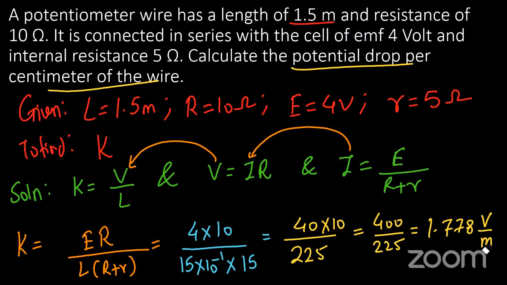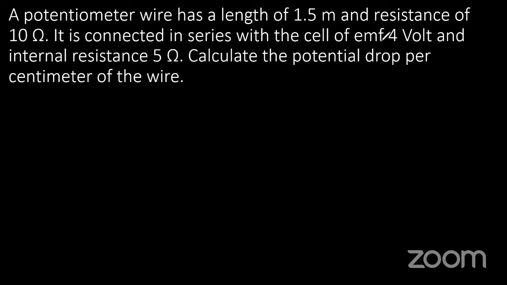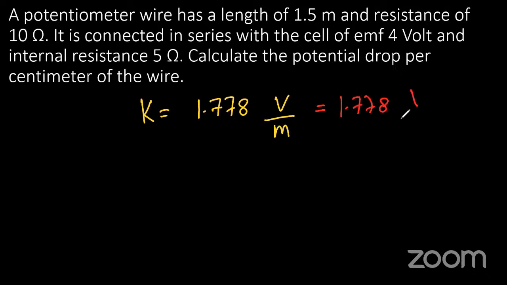लेकिन ये मीटर में वोल्टेज पर वी रिक्वायर सेंटीमीटर. Let's see. So what is the answer? K is equal to 1.778 voltage per meter. इसको सेंटीमीटर में कन्वर्ट करना है. ठीक है. Now what is a meter? 1 meter is equal to 100 centimeter.